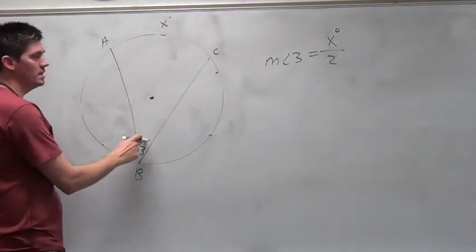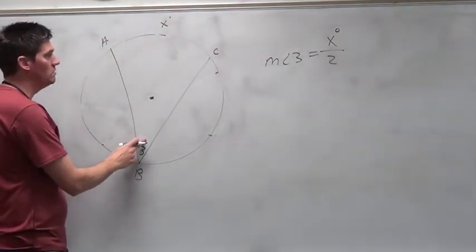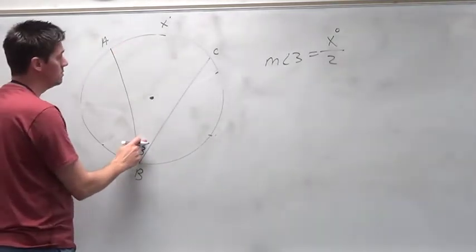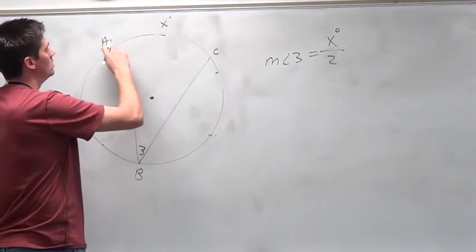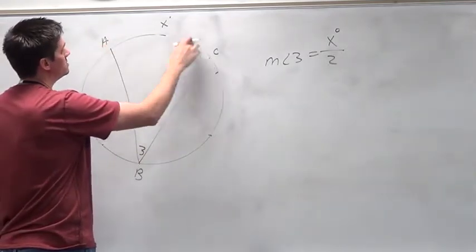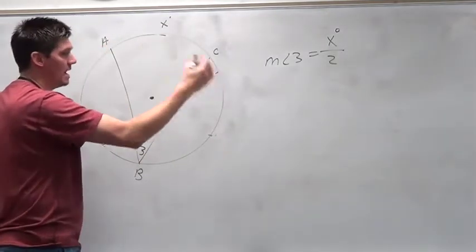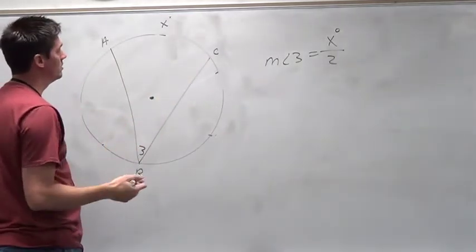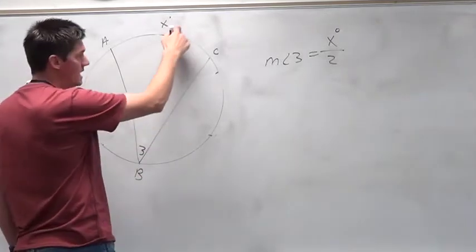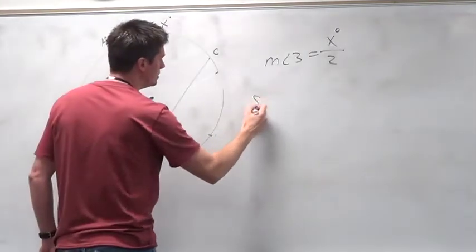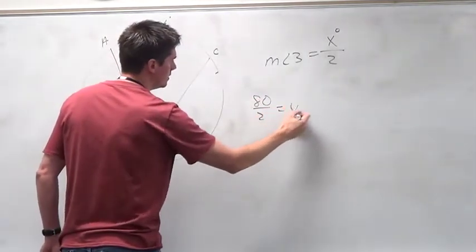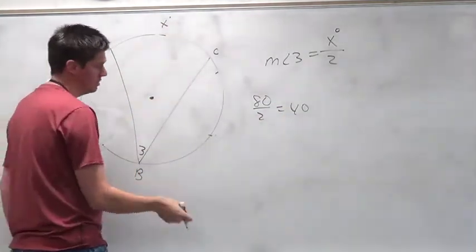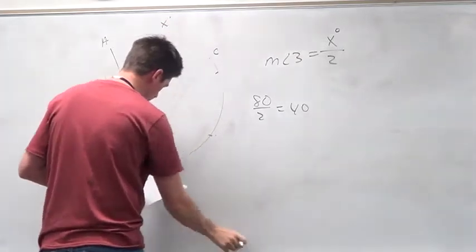So the measure of an inscribed angle is equal to the measure of the intercepted arc divided by 2. You have to take half of the intercepted arc. For example, if this was 80, you would take 80 divided by 2, and this would be 40. If it was something else, you'd still divide by 2.